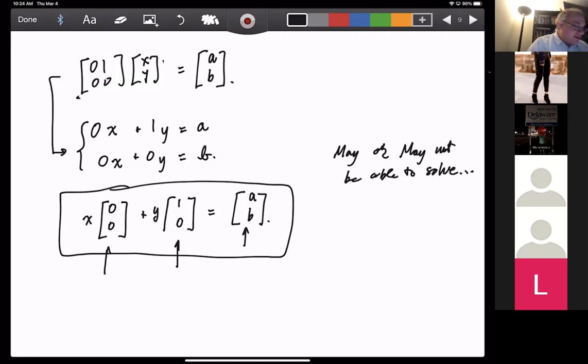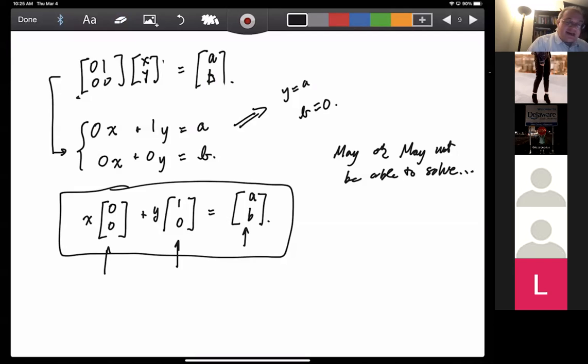So for instance, here we see, if we simplify things, 0x is 0, 1 times y is y. We need y to be a, and we need b to be 0. The left-hand side of the second equation is identically 0. So as long as your right-hand side is chosen with b equals 0, whatever the a is, you can solve this.